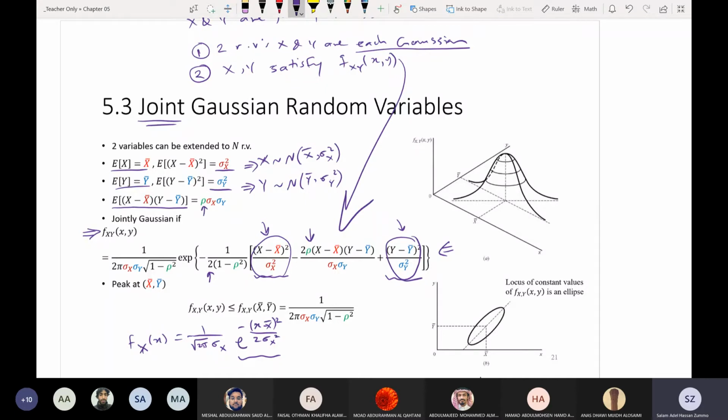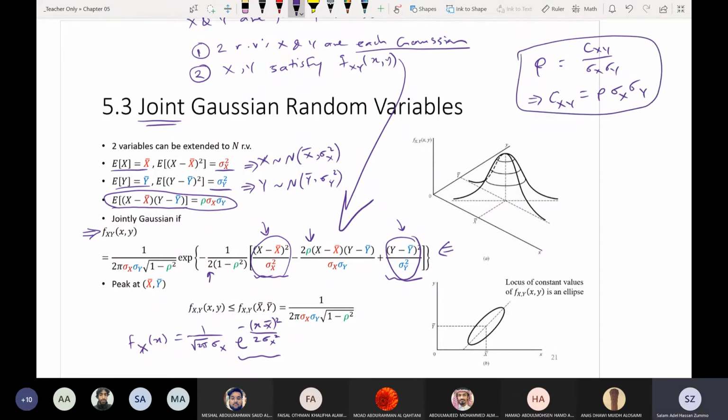Rho was C xy divided by sigma x sigma y, right? So I can take C xy as rho sigma x sigma y. Same thing.